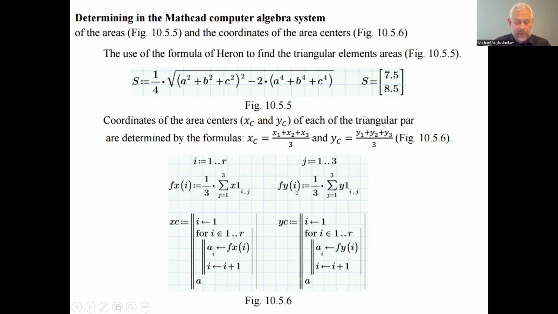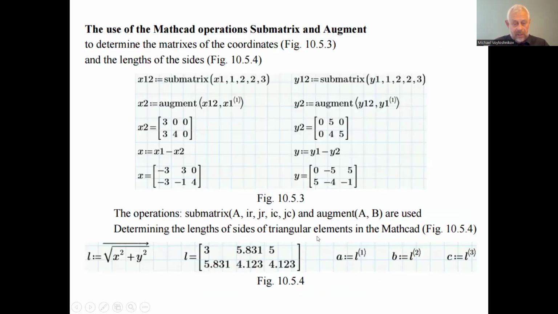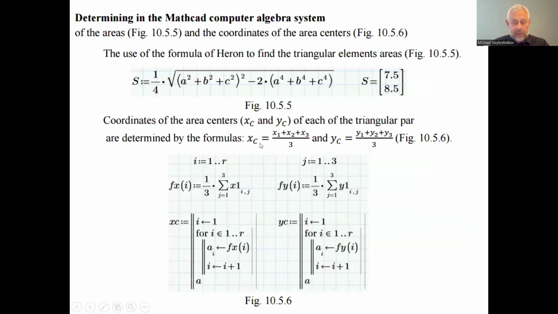If we have, for example, a more complex figure, not quadrangular but maybe a multi-angular figure, and we divide it into very many triangles, would we do the definition of the coordinates of the center of the areas very many times?